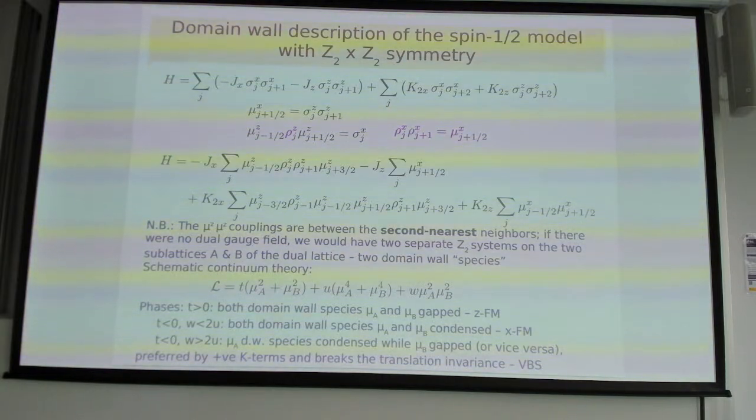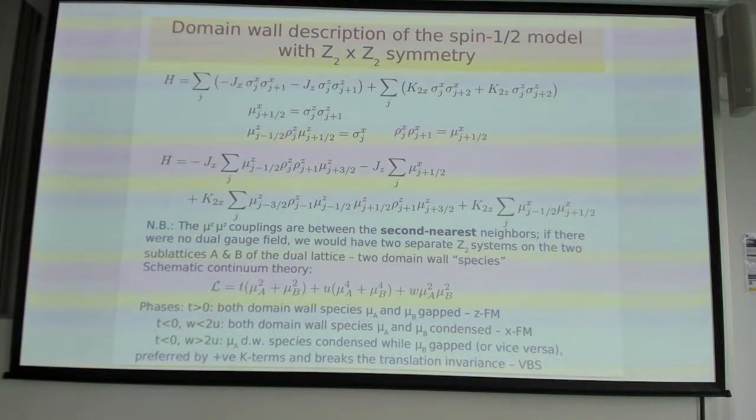Now, if you forget about this dual gauge field for a moment, under this duality these Jx and Jz terms look like you actually have two decoupled Z2 systems, because there is only second neighbor coupling. There are two sublattices on the dual lattice, and you have a separate Z2 on each of these lattices.